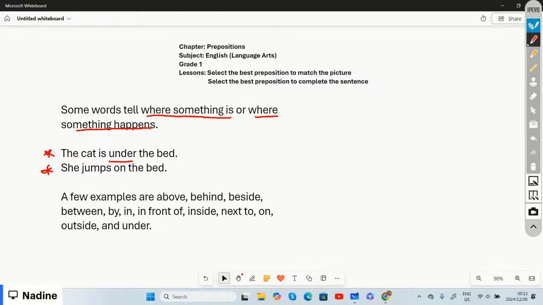And if we were to identify our preposition within that sentence that either tells us where something is or where something happens, then we can say, she jumps on the bed. So on is our preposition that tells us where something happens.